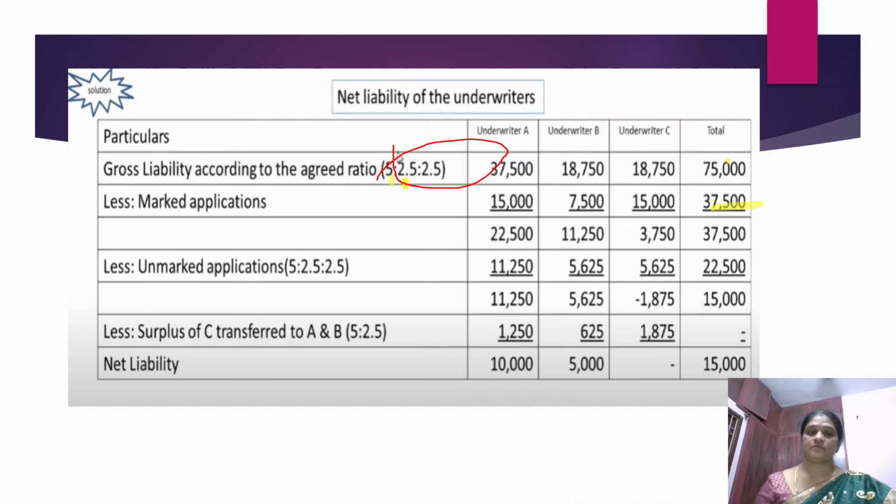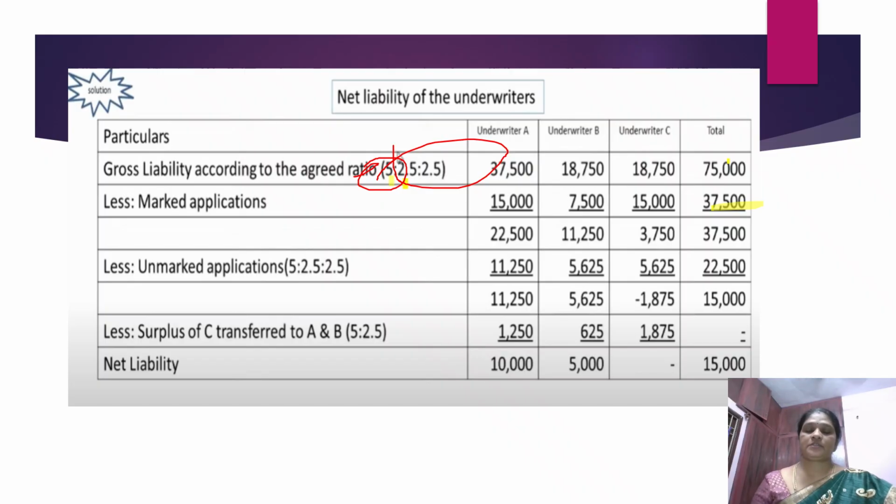That is 50 divided by 100, 25 divided by 100, again 25 divided by 100. We can get 5 is to 2.5 is to 2.5.